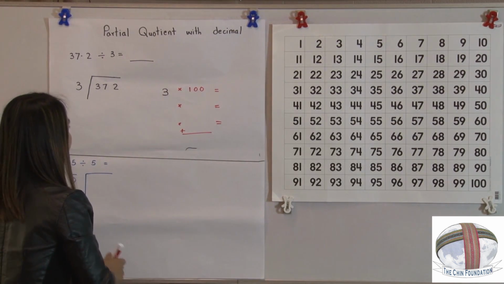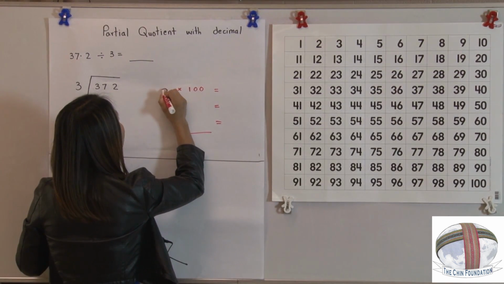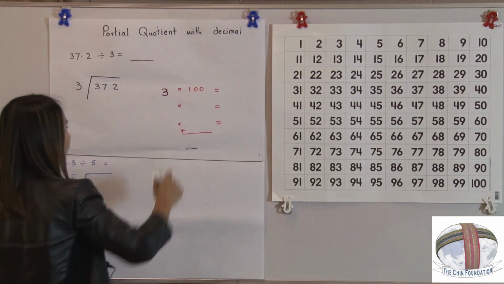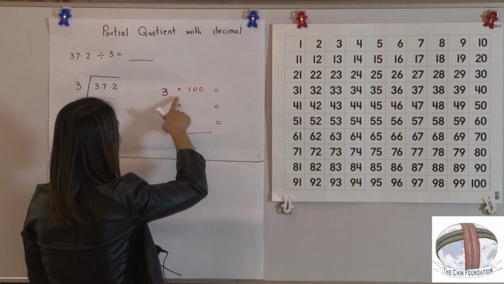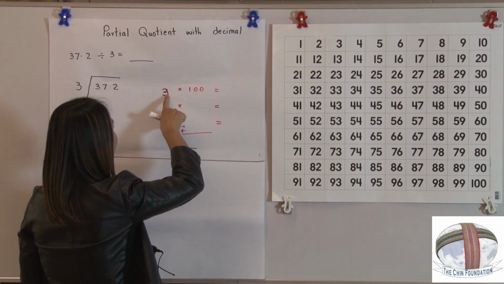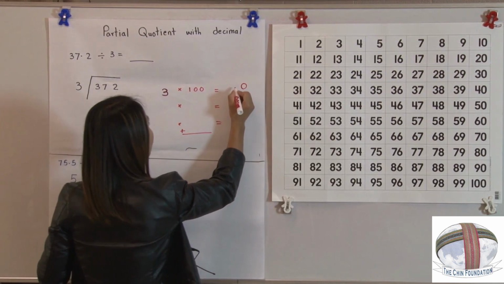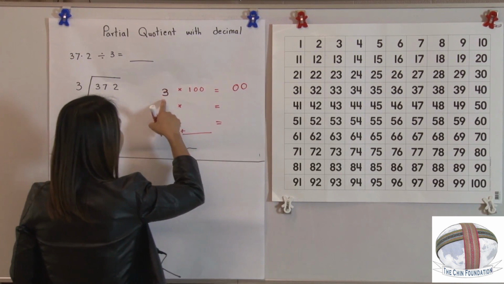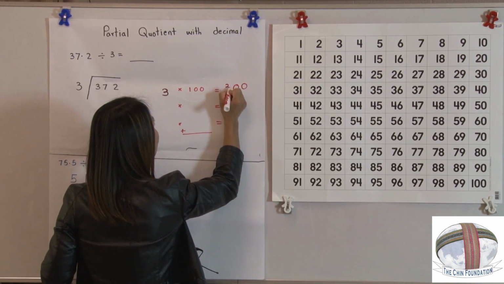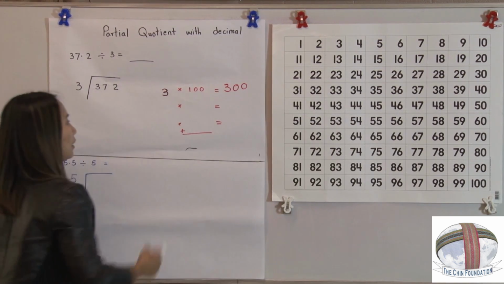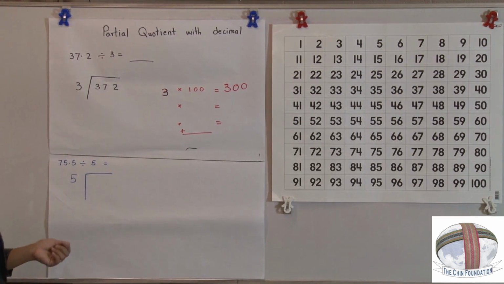Oops, I'm supposed to use the red color. 3 times 100, okay, I don't know, so I will do it one by one. 3 times 0 is 0, 3 times 0 is 0, 3 times 1 is 3, so 3 times 100 is 300, okay.